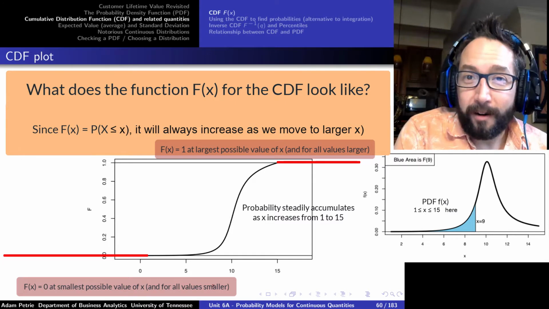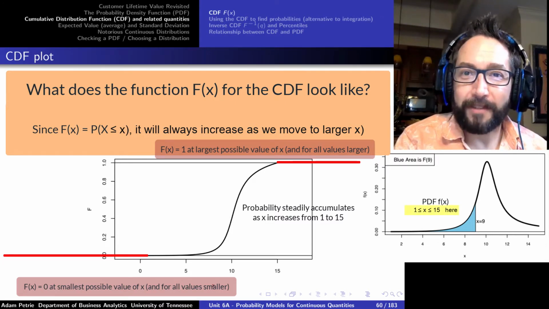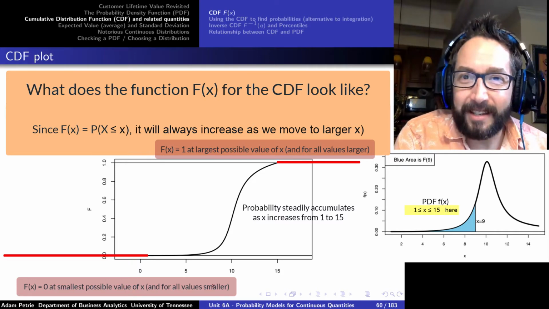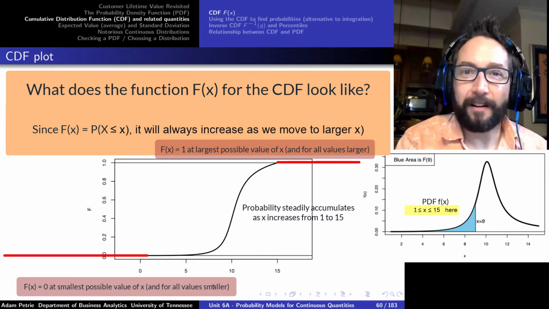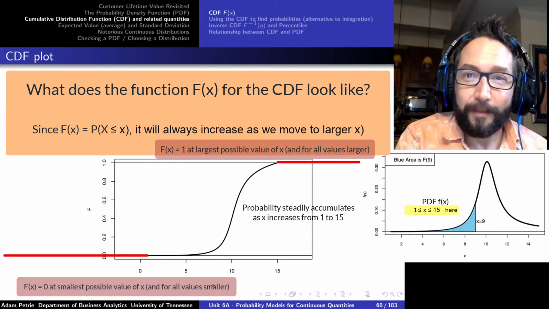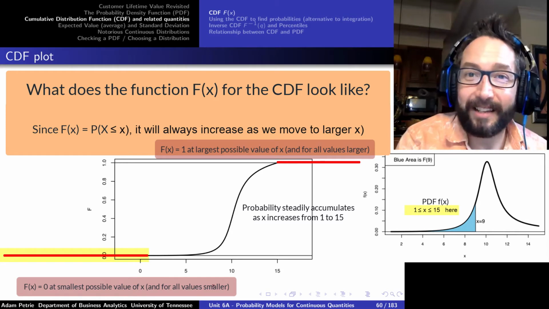For our example that we just saw, that PDF that varied from 1 to 15, we can see that those bounds, 1 to 15, are reflected in our CDF plot. For all values of x that are 1 or something smaller, that CDF is exactly equal to 0.